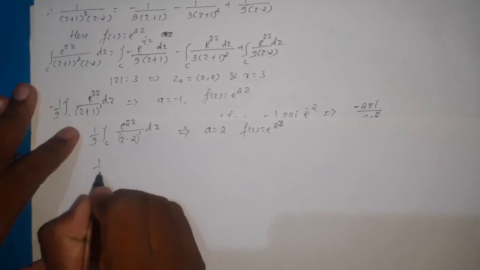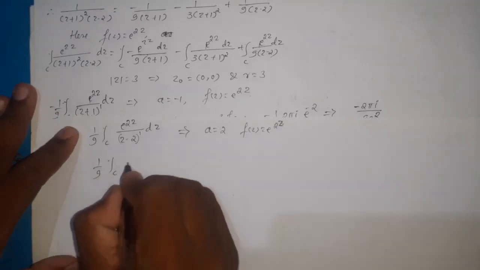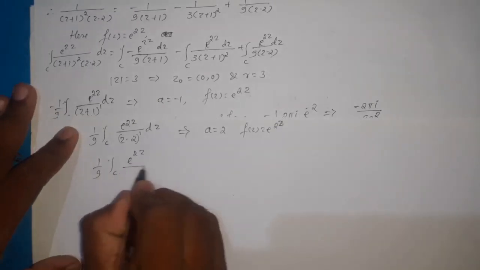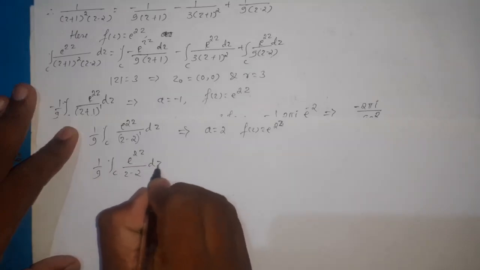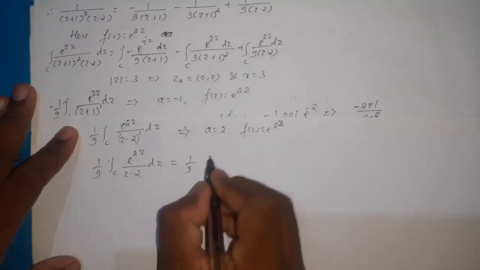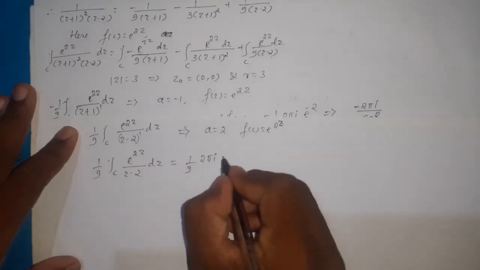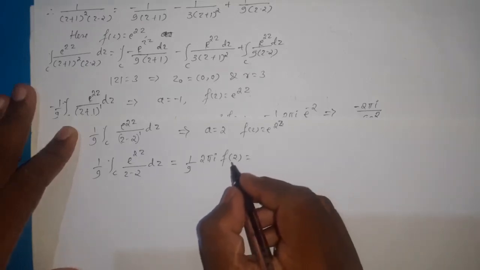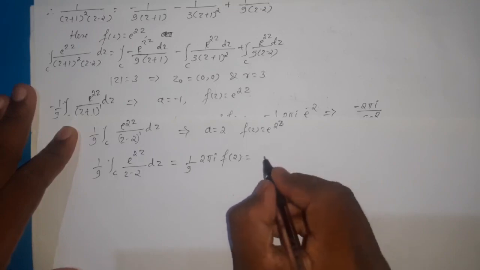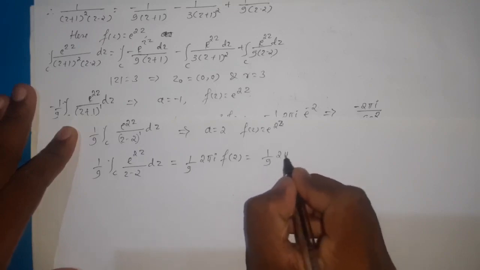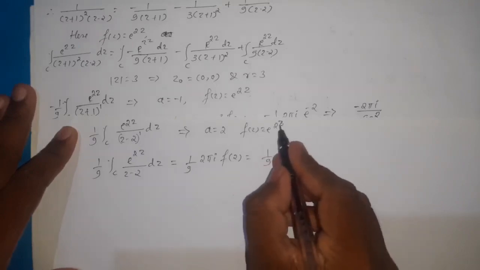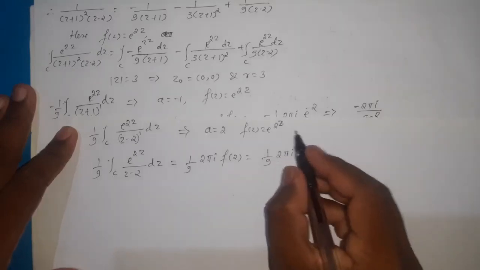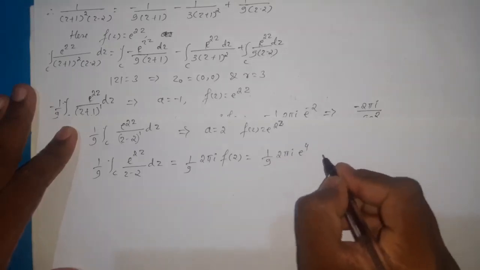Therefore 1 by 9 integration over C e power 2z divided by z minus 2 dz is equal to 1 by 9 into 2 pi i f of a. Since a is equal to 2, that becomes f of 2, and f of z is e power 2z, so f of 2 means e power 4.